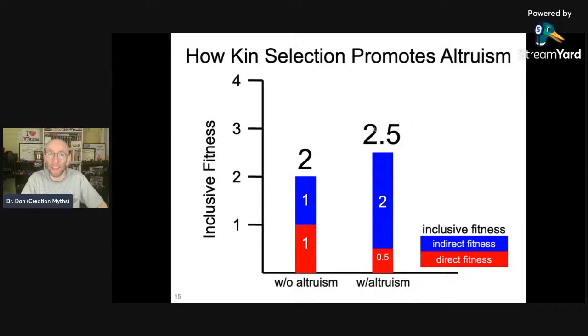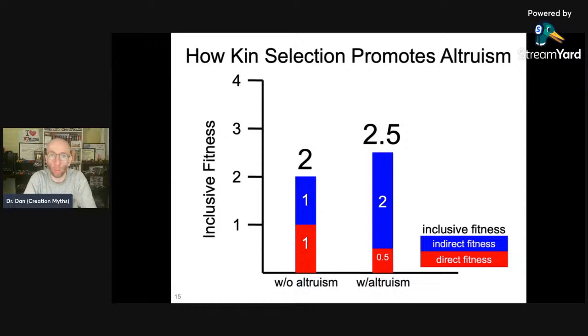That means that your alleles, and specifically the alleles for altruistic behavior, are going to increase in frequency more when you do the altruism compared to when you don't, which means that the alleles for altruistic behavior will be selected for, and you're going to have individuals that then have these alleles at a greater frequency as generations progress.